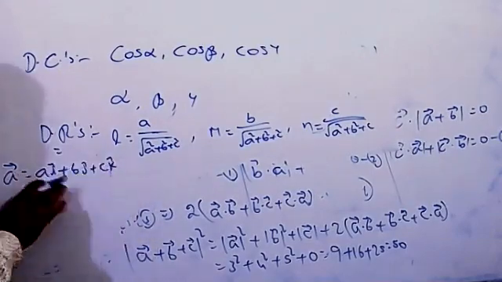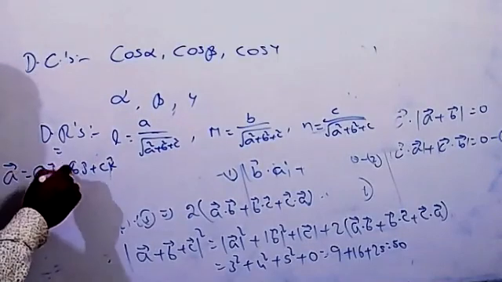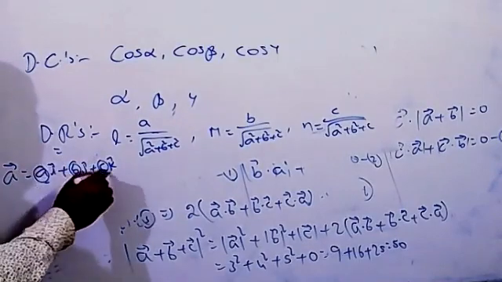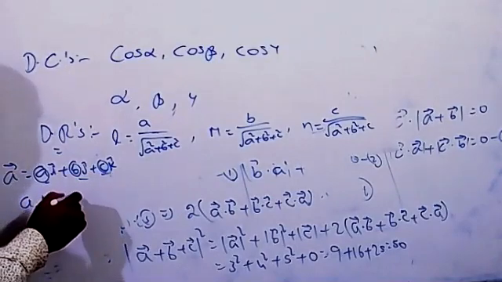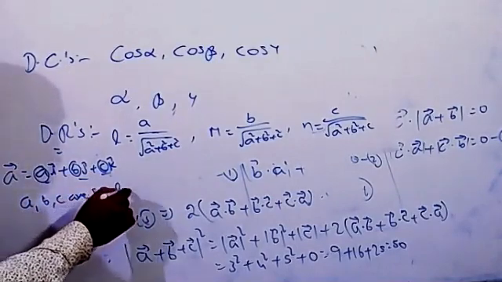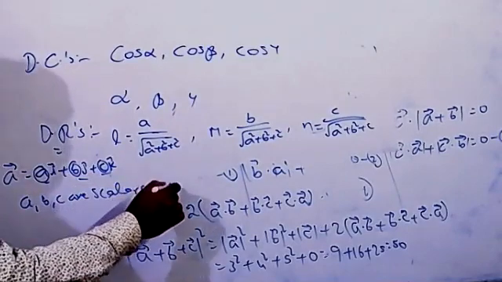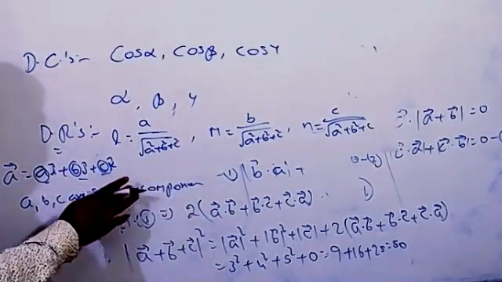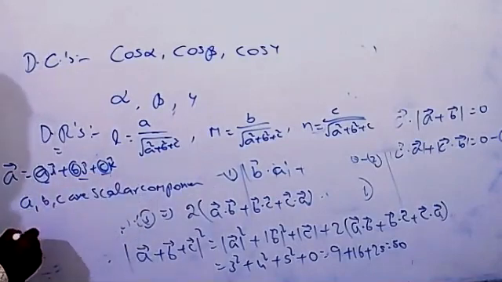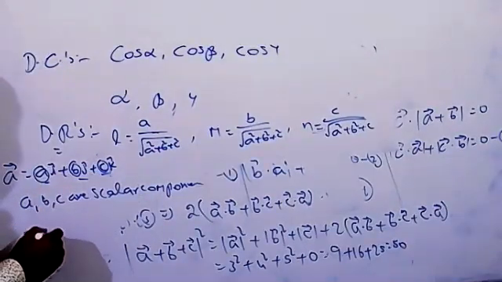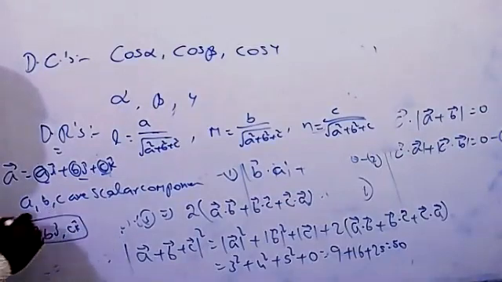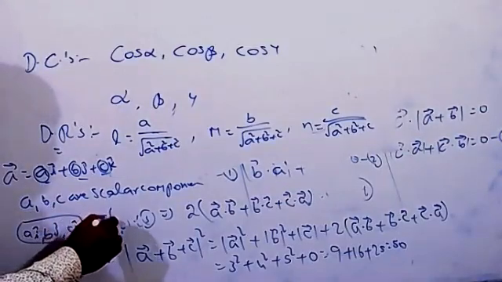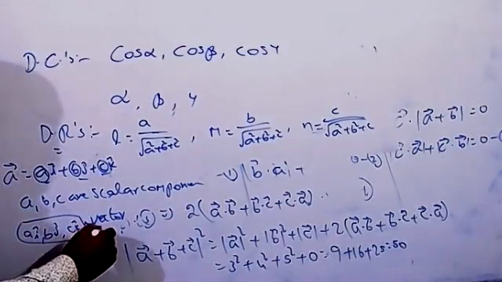In this vector, a, b, c are the scalar components. Remember that. Similarly, ai, bj, and ck, these three we call the vector components.